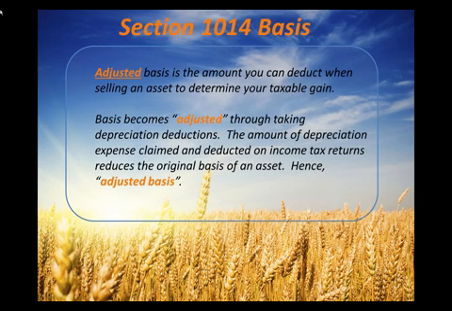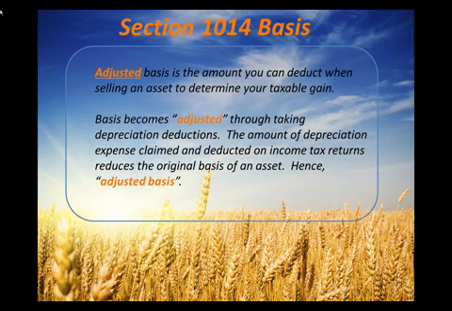Another term that's used in basis is adjusted basis. An adjusted basis is the amount that you can deduct when selling an asset to determine your taxable gain. Basis becomes adjusted through taking depreciation deductions. The amount of depreciation expense claimed and deducted on income tax returns reduces the original basis of an asset.